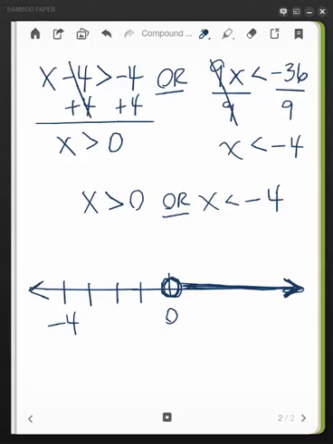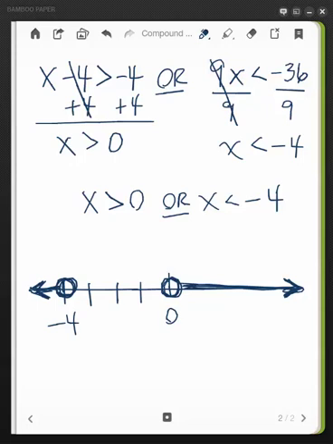Now, x is less than negative 4, so it's going to be an open circle again at negative 4, and the inequality sign is pointing that way, so we're going to fill in that way. So notice an "or" is going to be two separate pieces.